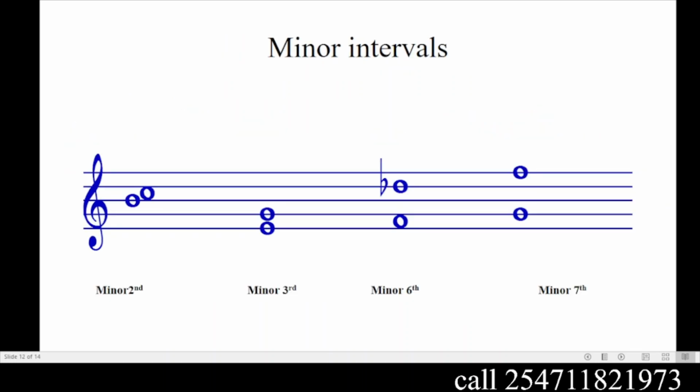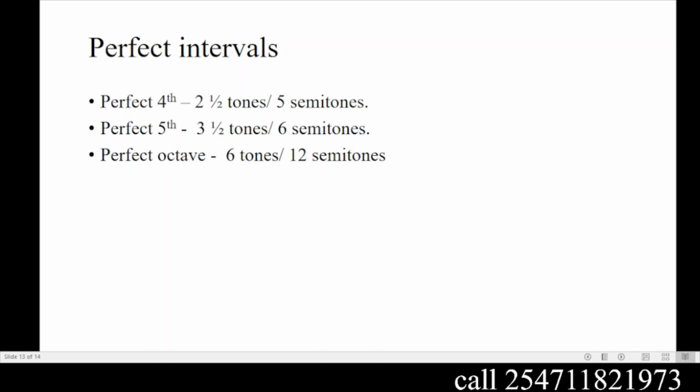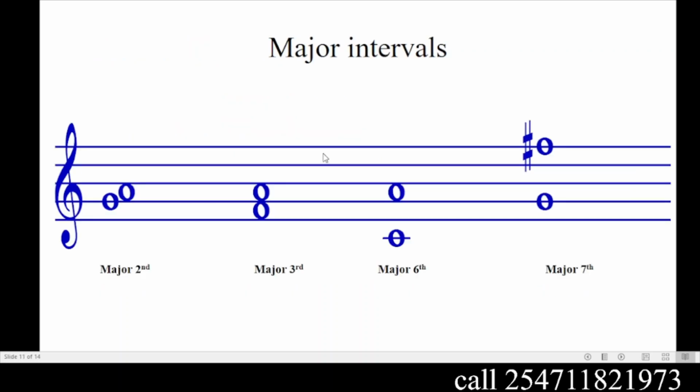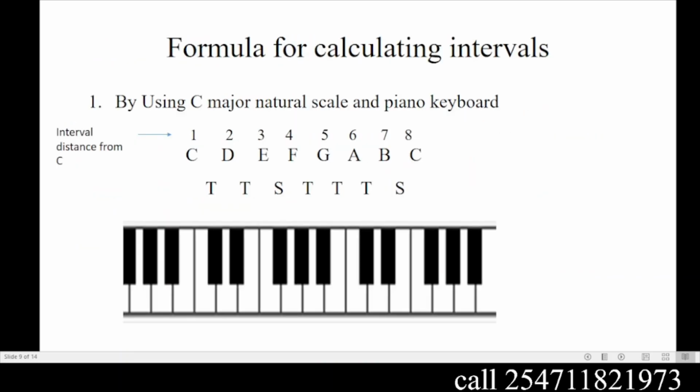Let's go on and talk about perfect intervals. We are being told that we have the fourth, the fifth, and the octave: the perfect fourth, perfect fifth, and perfect octave. A perfect fourth should have 2.5 tones or 5 semitones. A perfect fifth should have 3.5 tones or 7 semitones. And an octave should have 6 tones or 12 semitones. Let us confirm on the piano keyboard using the formula here.